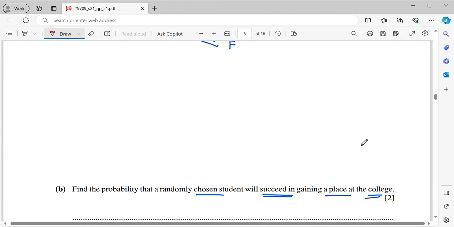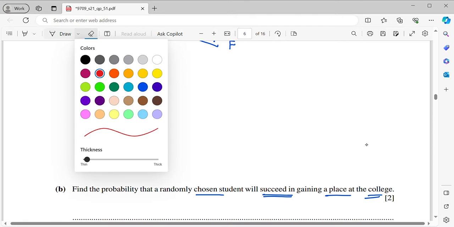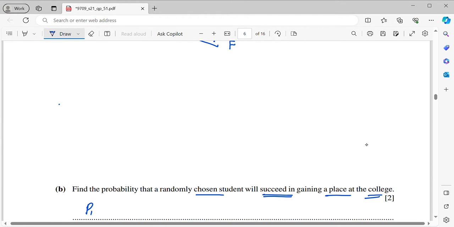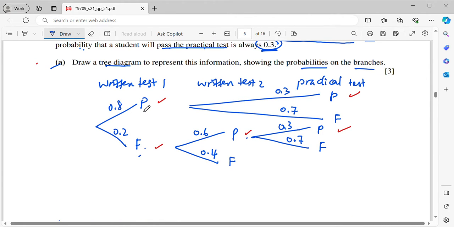Okay, so now my probability is basically: pass the written test 1, 0.8, and pass the practical test, 0.3.